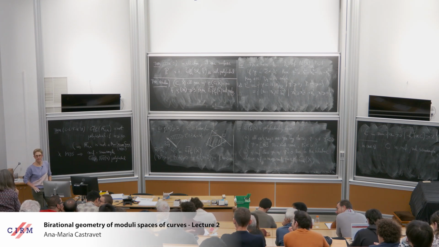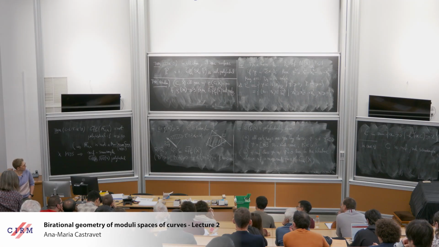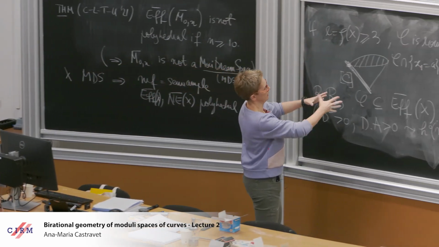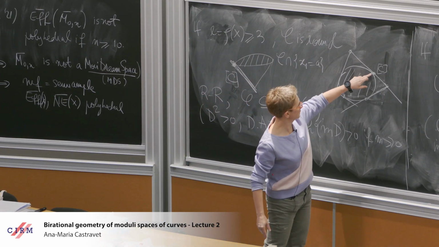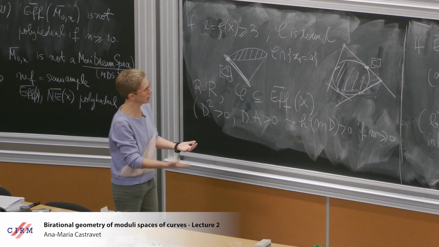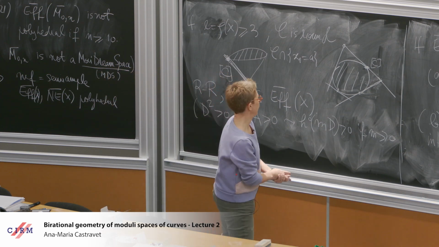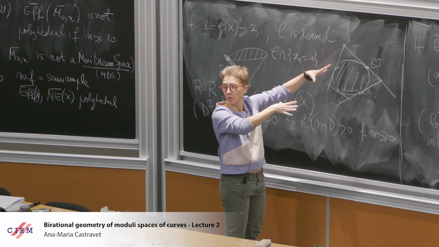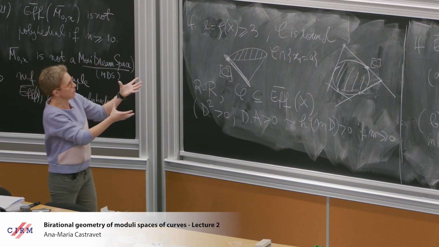Why cannot such a class be in the interior of the effective cone itself? Right. If you cut this space with a general plane passing through this point, the intersection with this polyhedral effective cone will be a polygon in the plane, while the round cone will intersect it in a disk.